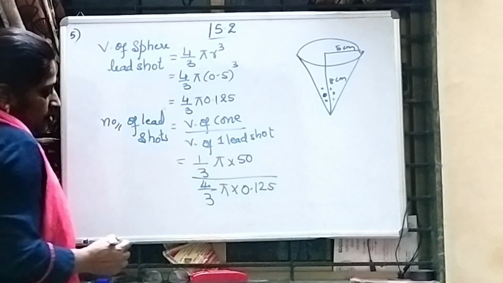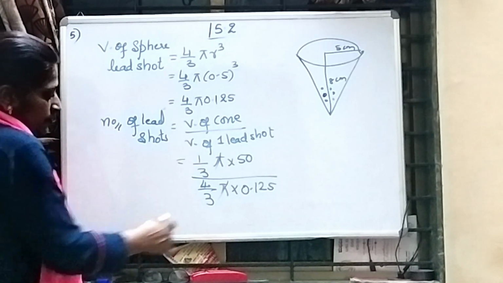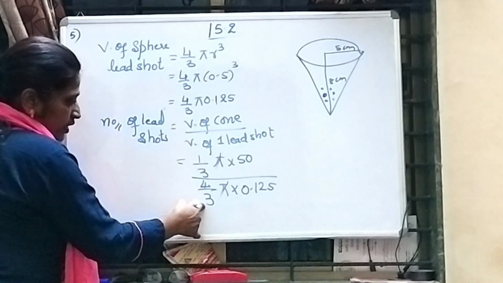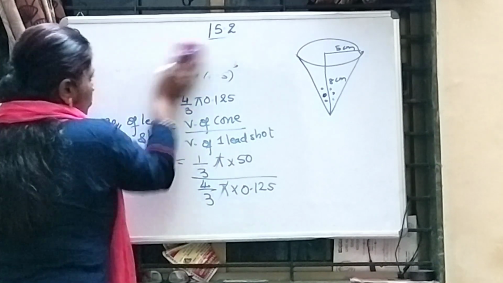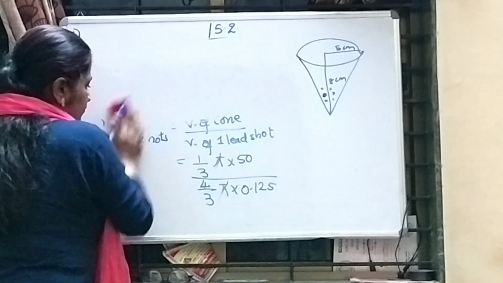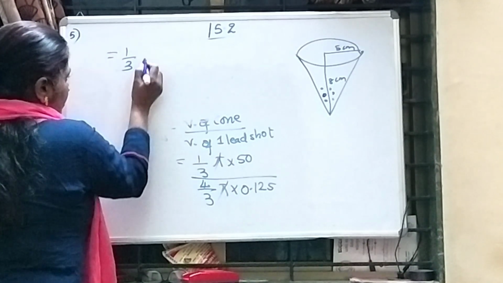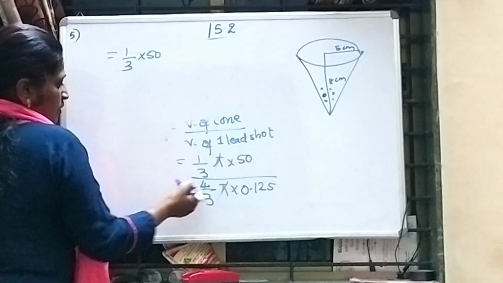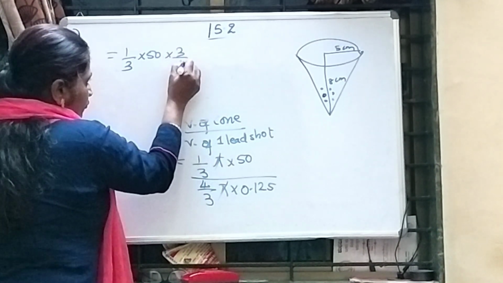So children, pi gets cancelled. Better I'll take the reciprocal of the denominator and show you the calculations. So that will be 1 by 3 into 50, into 3 by 4.